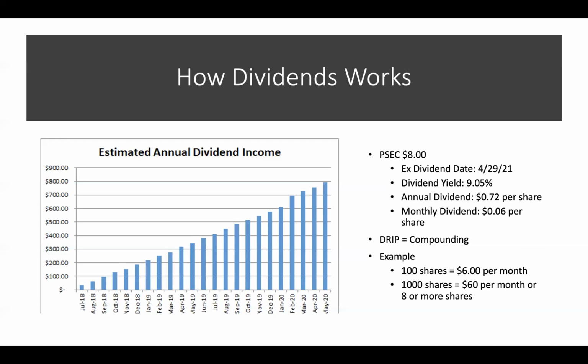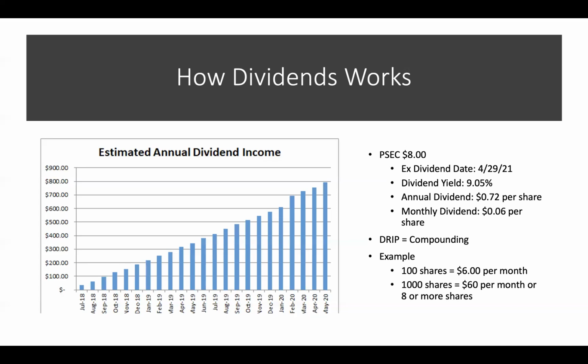A 25, 30% dividend yield, that's not business savvy, because you don't have money for something at that point, unless it is a REIT or a type of vehicle that requires the company to pay out most of its net profits to its investment holders. That's different.